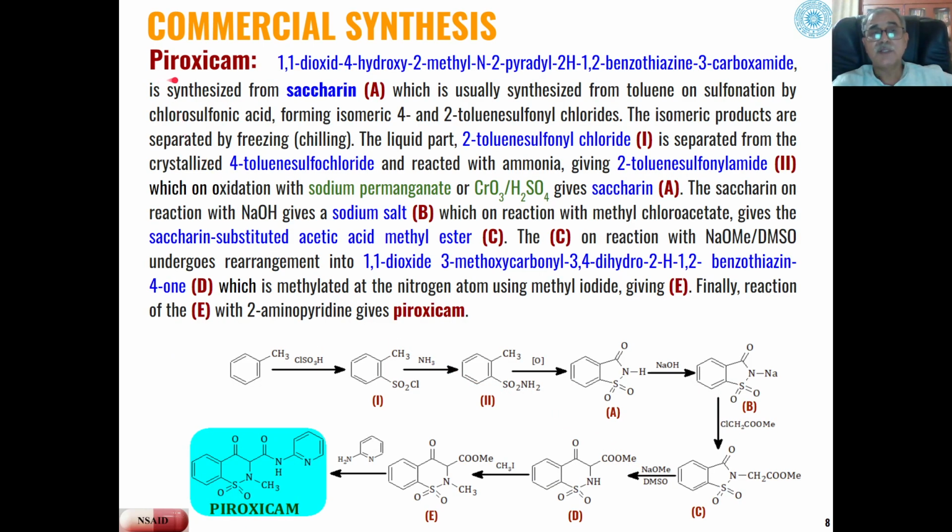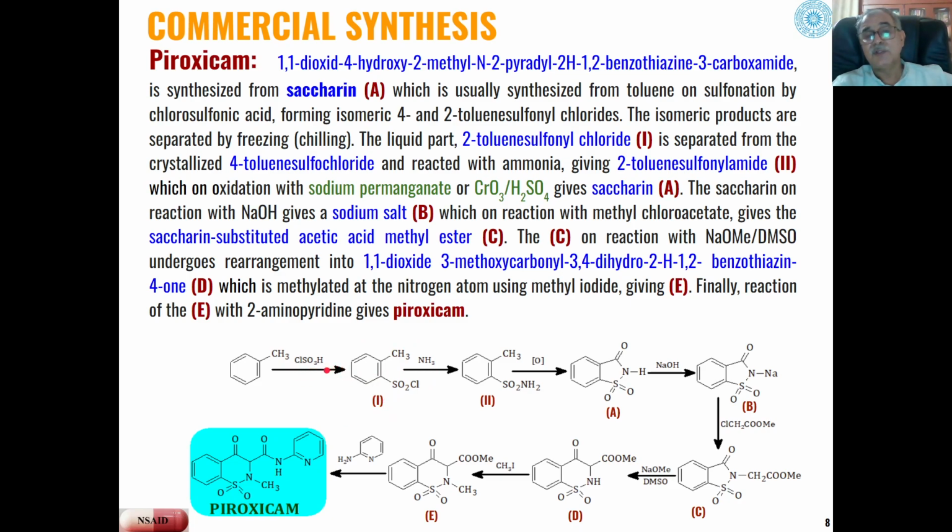Then next is piroxicam. Piroxicam is basically a derivative synthesized from saccharin. This is saccharin, and saccharin in turn is synthesized from toluene. So when toluene is reacted with chlorosulfonic acid, we will get 2-toluene sulfonyl chloride by this reaction.